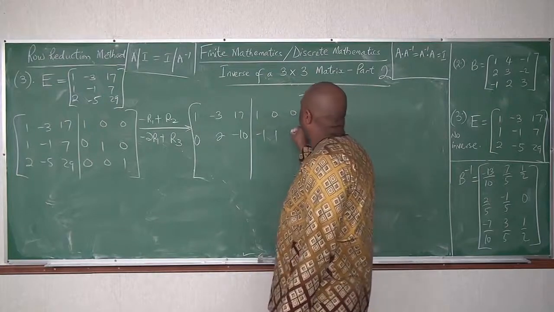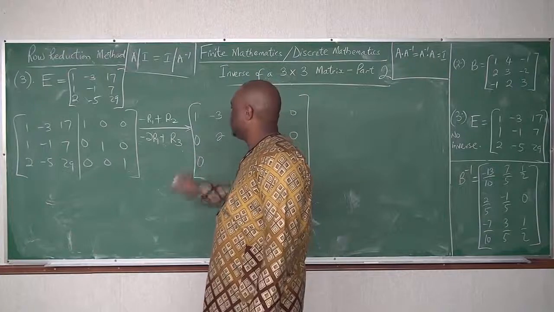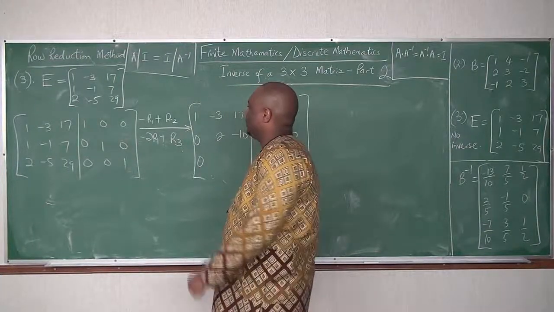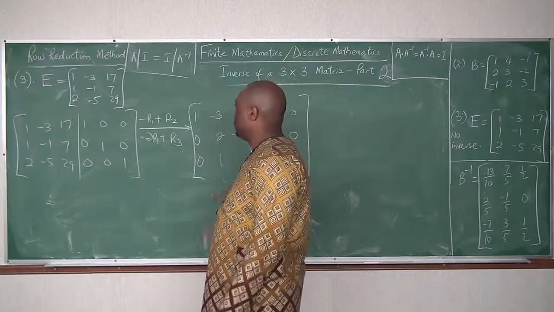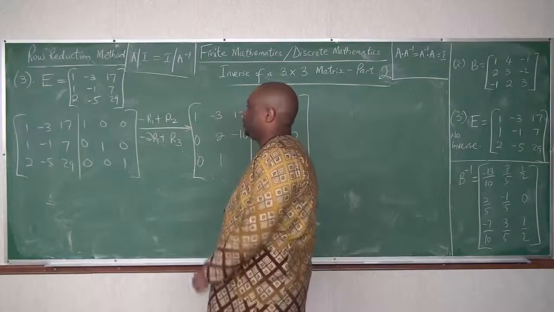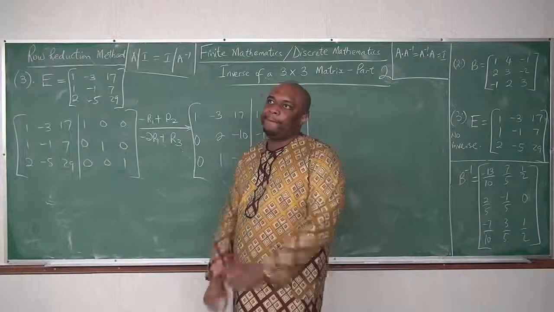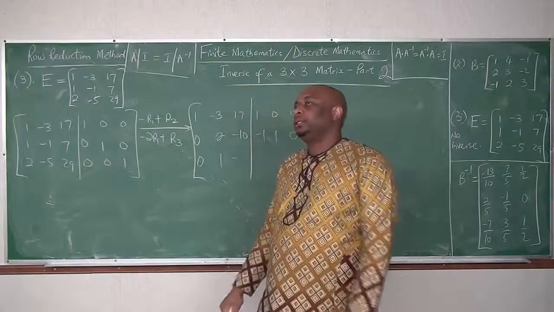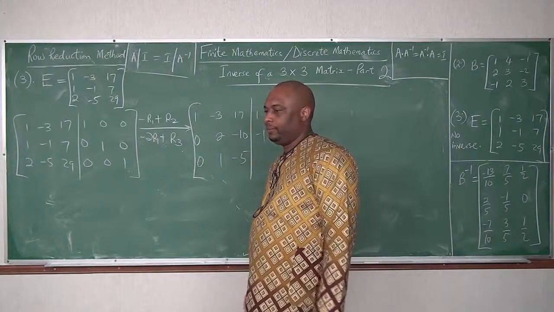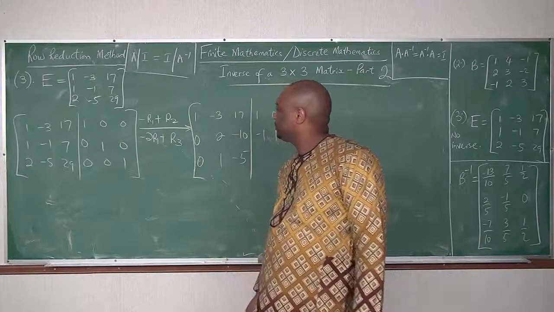0, 0 is 0. Then here, negative 2 plus 2 is 0. Negative is positive. 2 times 3 is 6. 6 minus 5 is 1. Negative 34 plus 29 is negative 5. 40 minus 9 is 5.